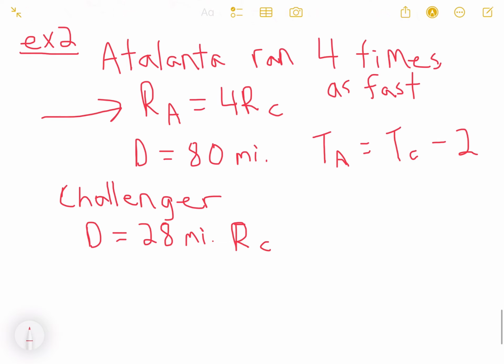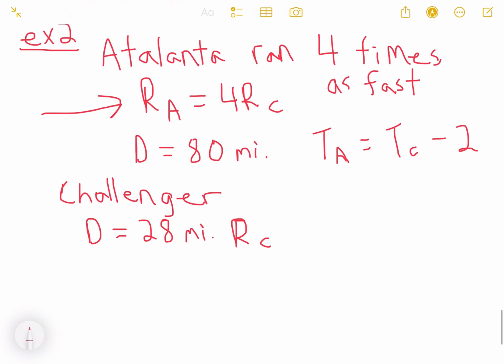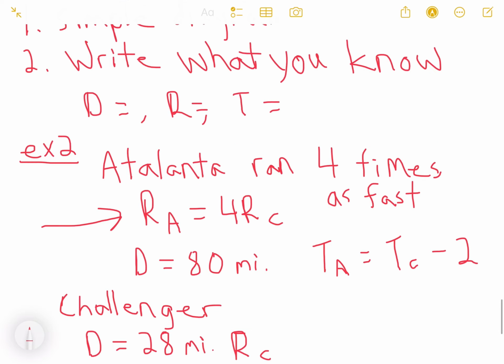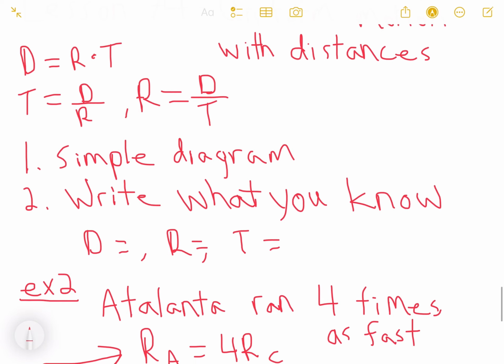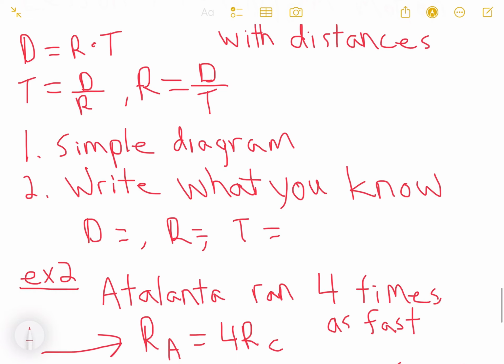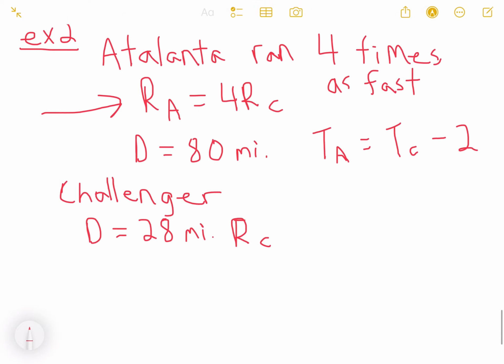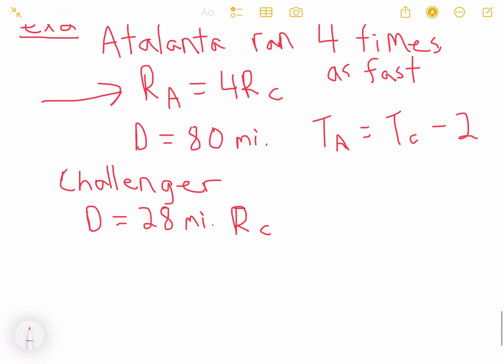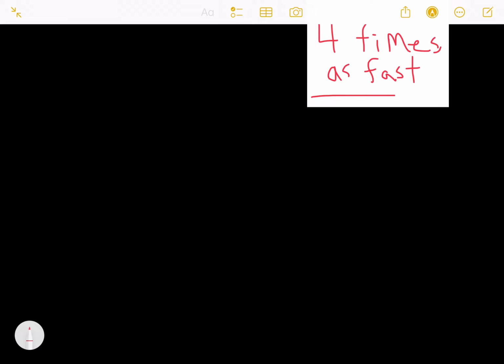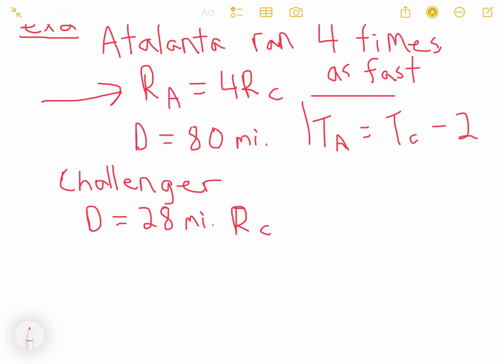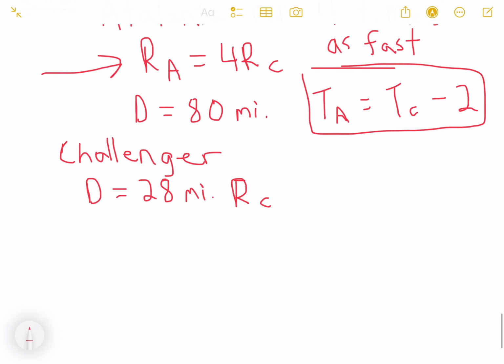So now how do I use my equations here? Well, what do we know again? Well, I know up here that distance is rate times time. Time is distance over rate, and then rate is distance over time. So I have this longer equation here, where time of Atalanta is time of Challenger minus 2. I'm going to use this guy. Now, how can I use this?